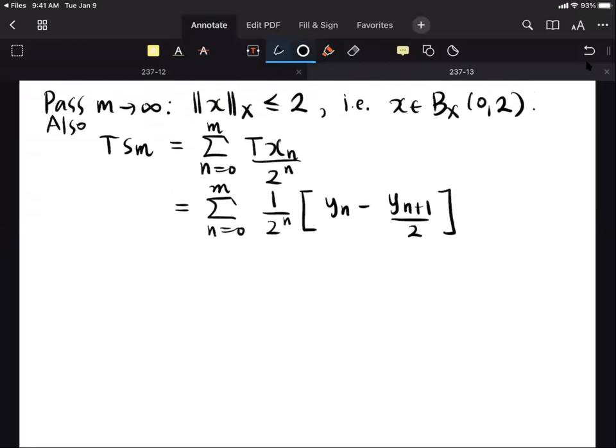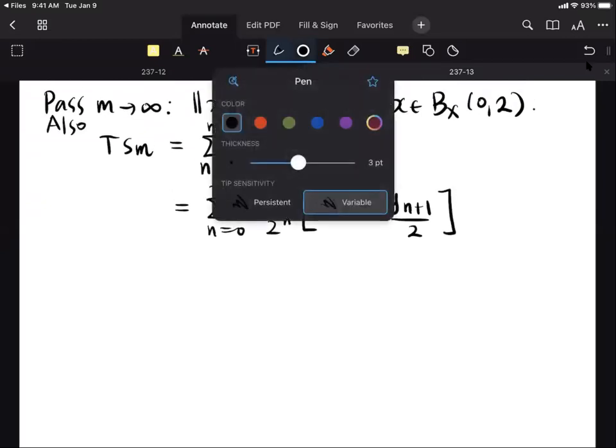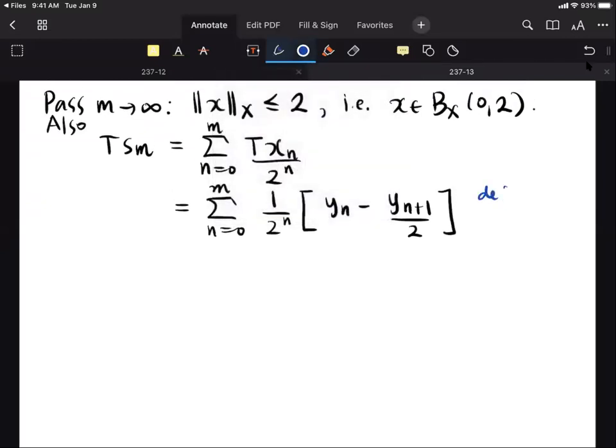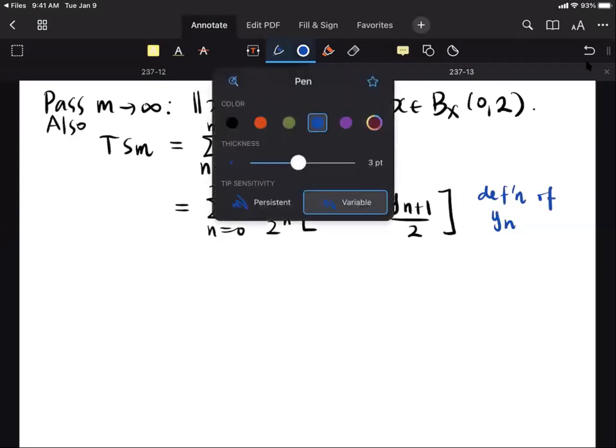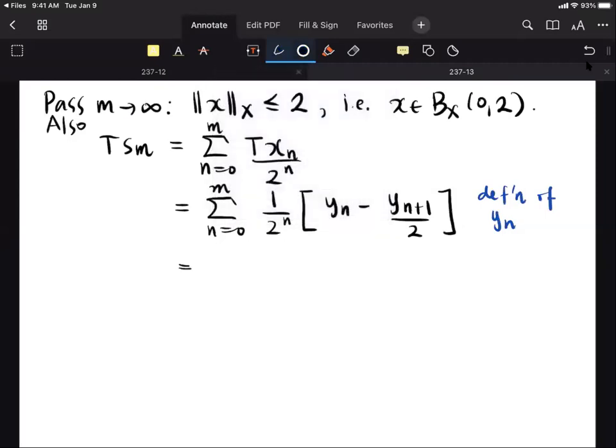So you follow the recursion, the definition of yn. We can write this as follows: yn over 2 to the n minus yn plus 1 over 2 to the n plus 1.